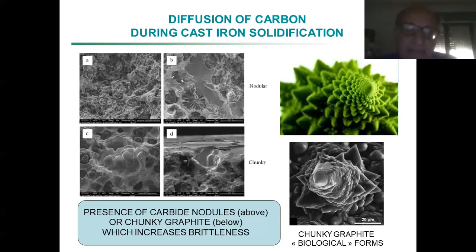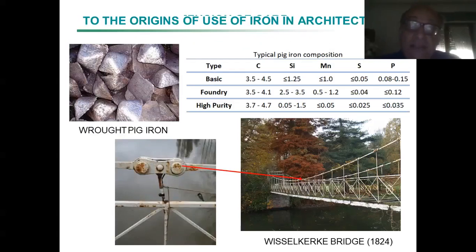Then carbon gives other properties like hardness, etc. But the diffusion of particles and the uniformity of particles take a role in the quality of the material in a general sense. So the origins of cast irons would need lots of time to be explained further, but it's just for the sake of curiosity.